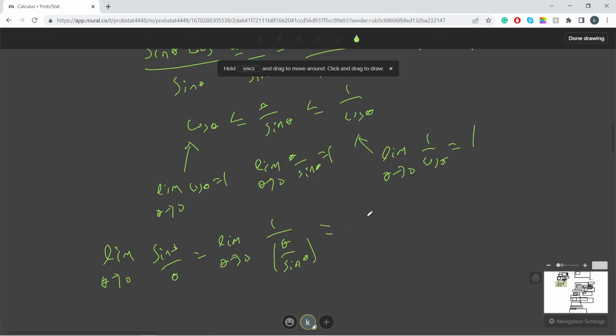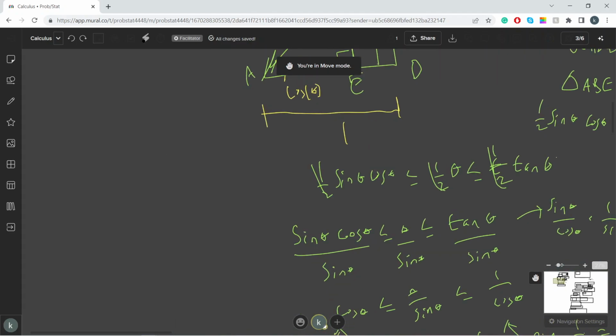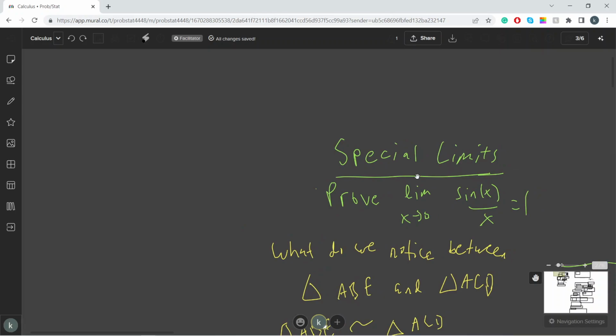And using the quotient property of limits, we can break up the limit as such. So this is just going to be 1 over 1, which equals 1. And voila, we have proved that the limit as theta approaches 0 of sine theta over theta is 1. So we have proved the statement.